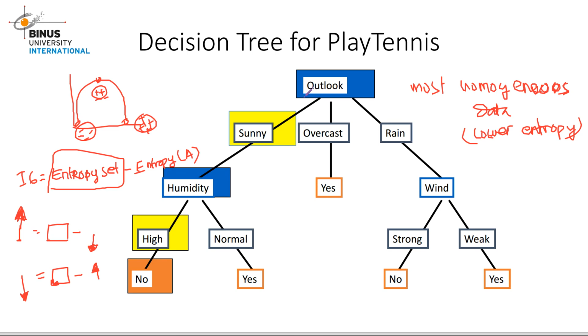Why? Because it's easier for us to draw the decision like this. Straightforward. If the outlook is overcast, we don't care about the other attributes. We go straight to the decision, which is yes, we play tennis.